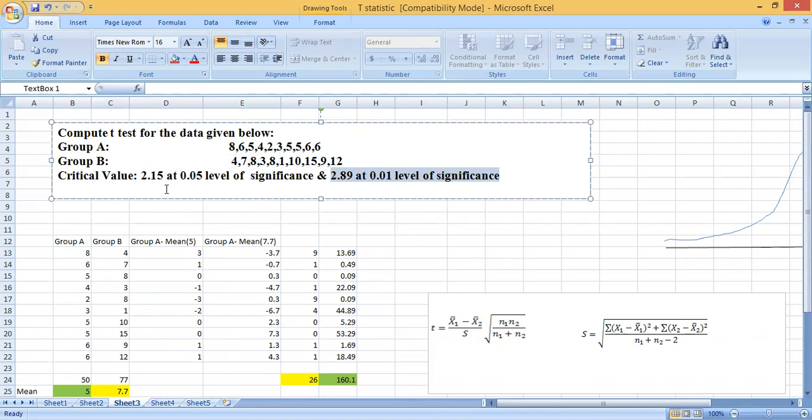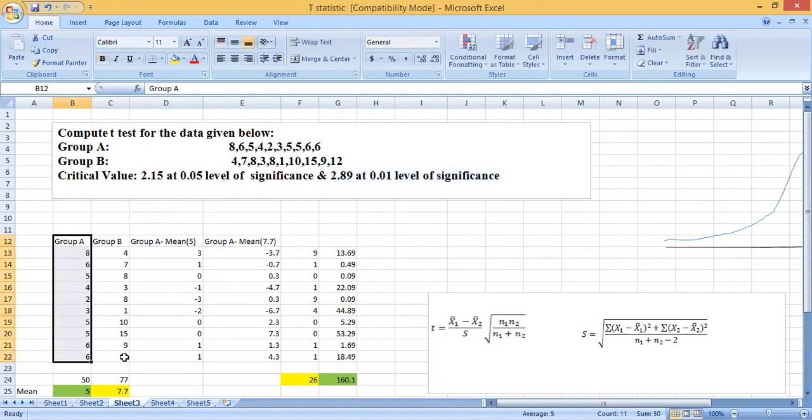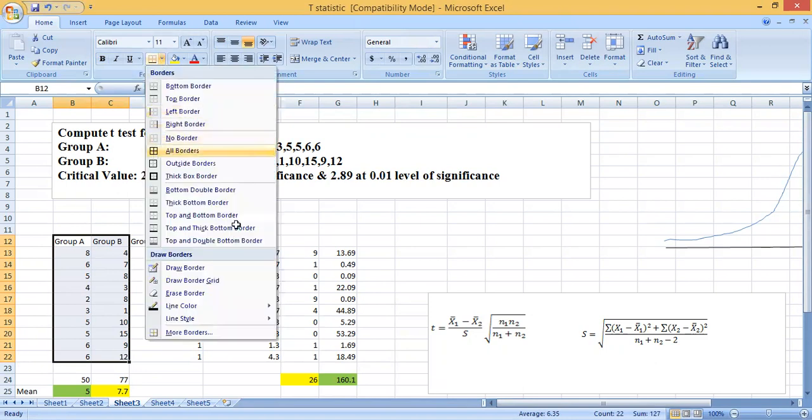You also have to conclude whether the null hypothesis is accepted or not. You can find the solution this way: the values of group A are here in row Y, and we write them column-wise, and the values of group B also column-wise.